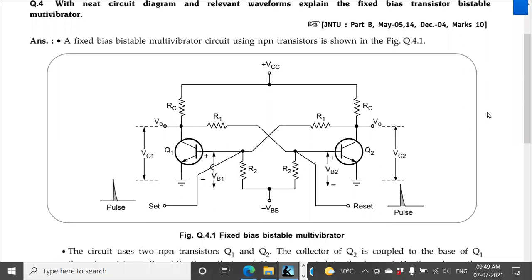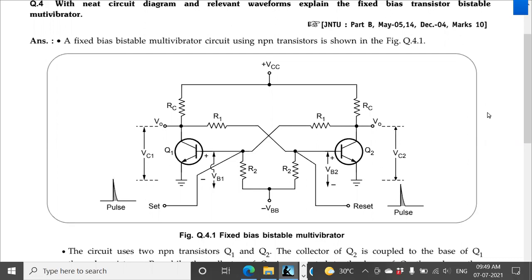So likewise, because of the dissimilar characteristics exhibited by the components, definitely the amount of current conducted by one transistor is different from the amount of current conducted by the other transistor.